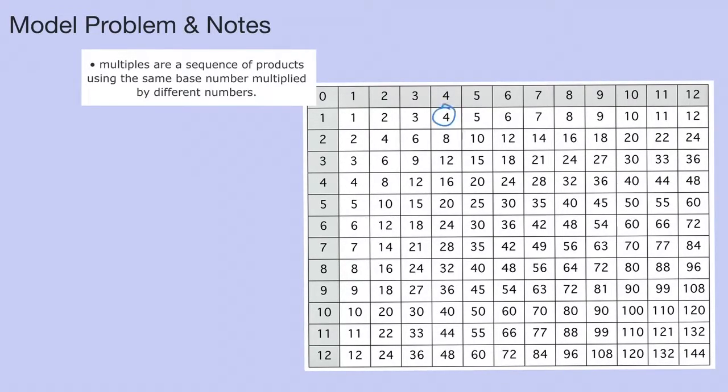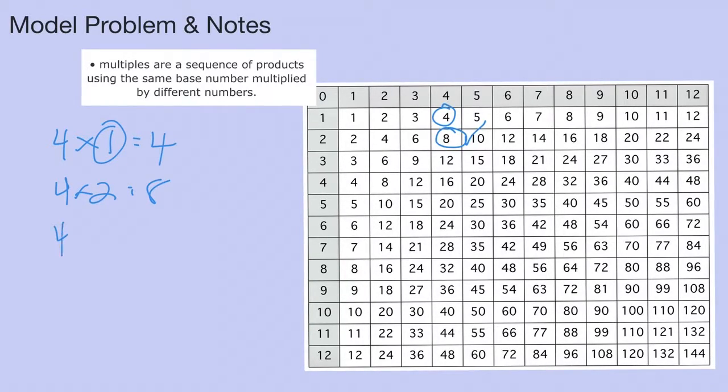If I want to find the first multiple of 4, I know 4 times 1 equals 4. If I want to find the second multiple of 4, that's 4 times 2, which is 8, and you'll see right here that I have 8.